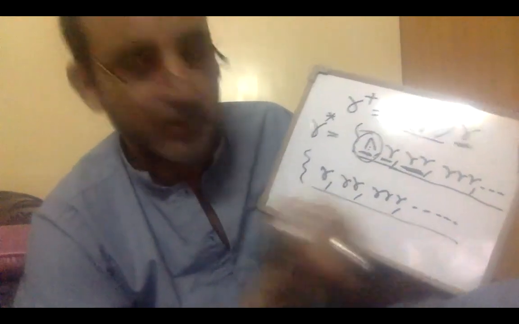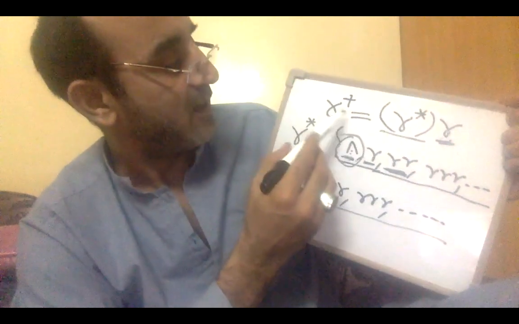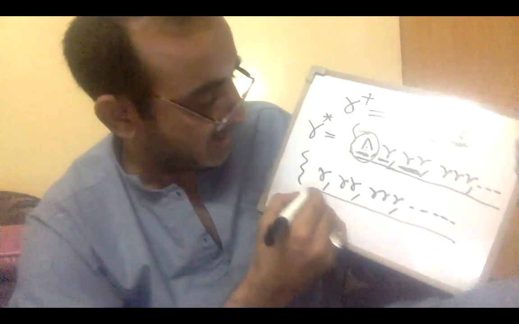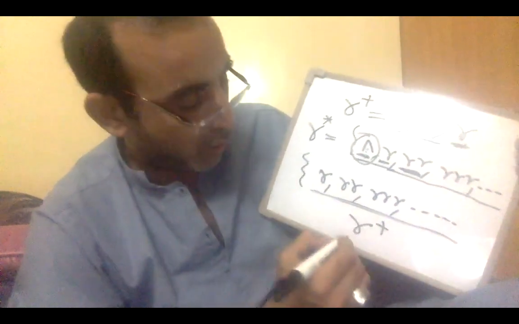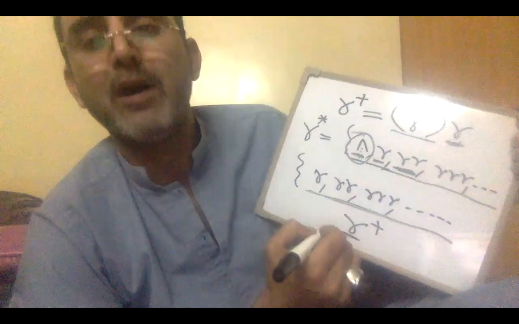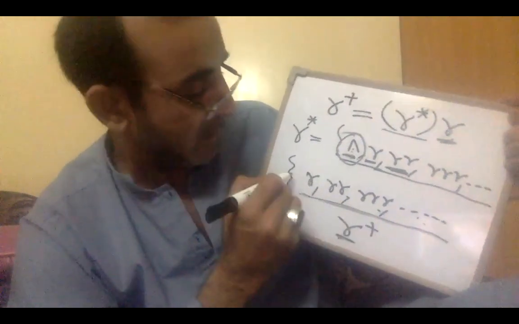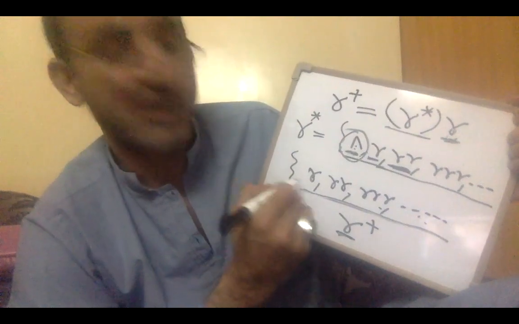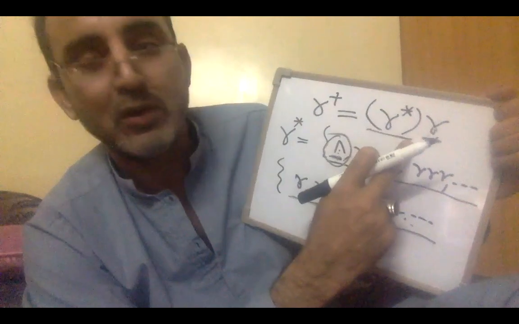And what is this one? I can say that this is equal to R plus all possible combinations of R, which is this one, without null, and we don't have a null here. So that's why this R plus is equal to this one.